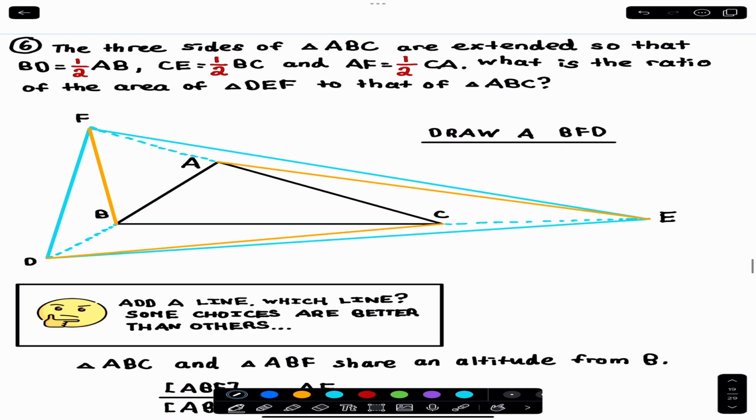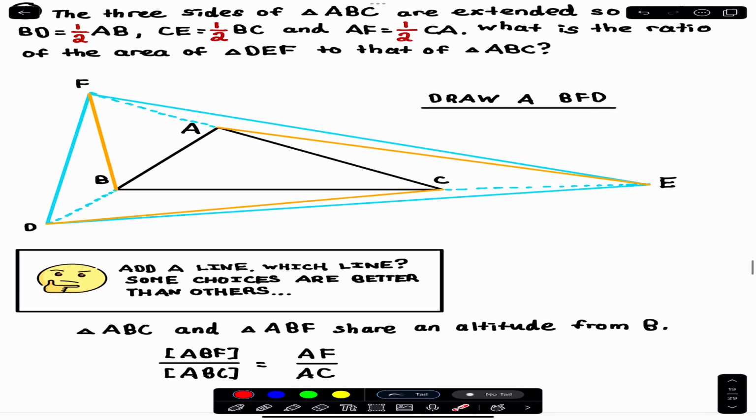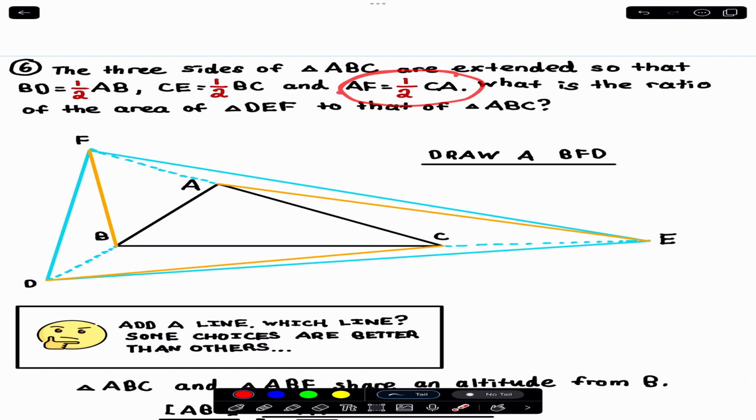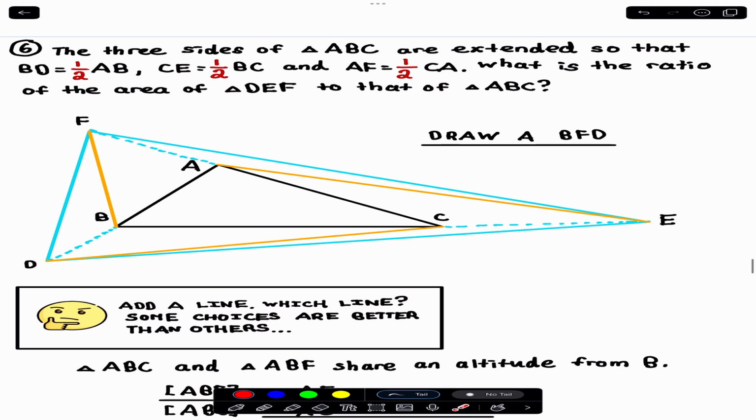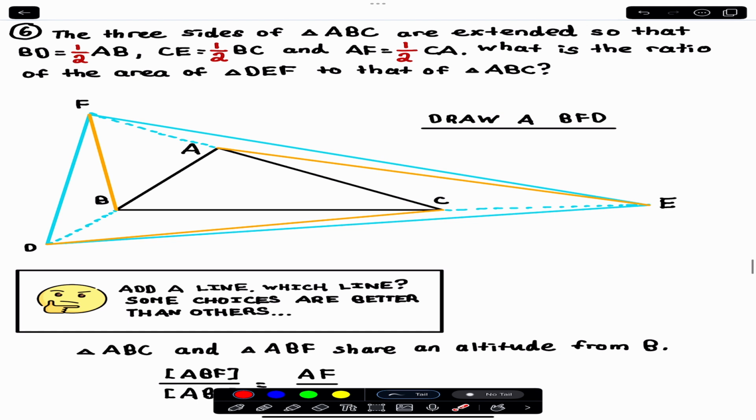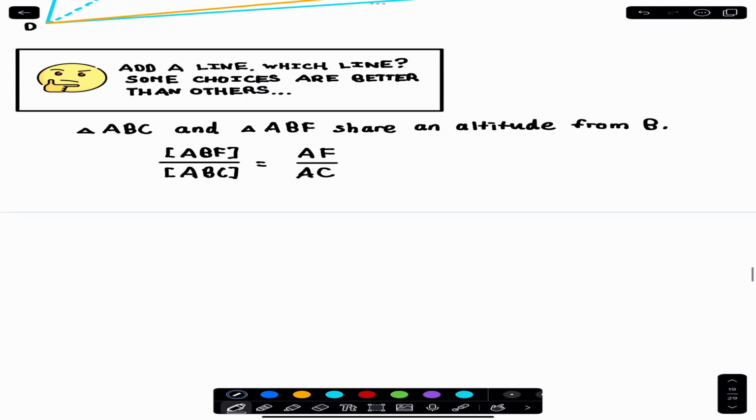But notice that what we're given in the problem is that AF is half as long as CA, so that means AF over CA is equal to 1 over 2.